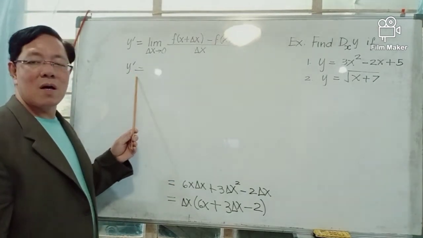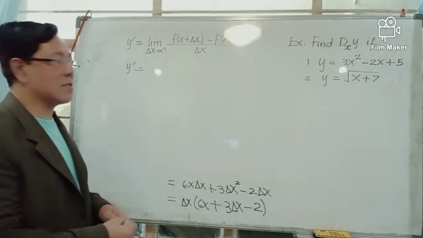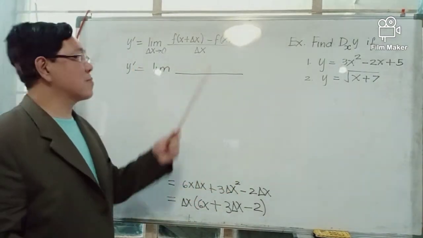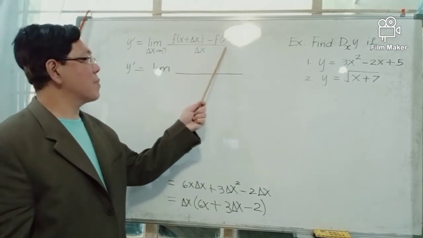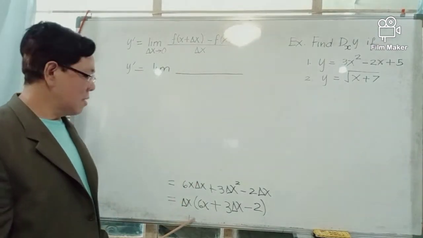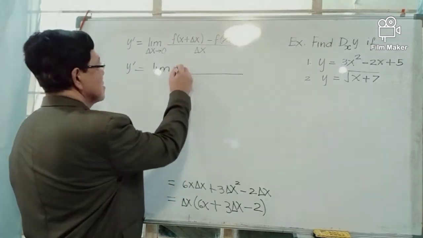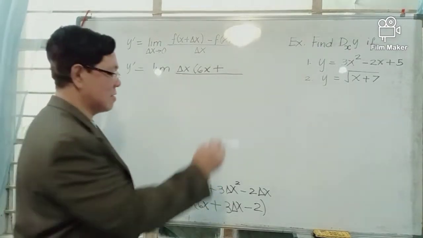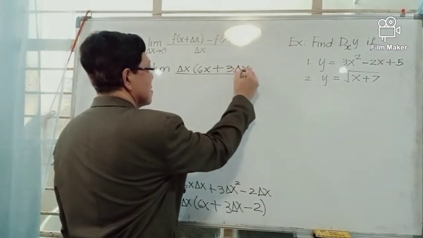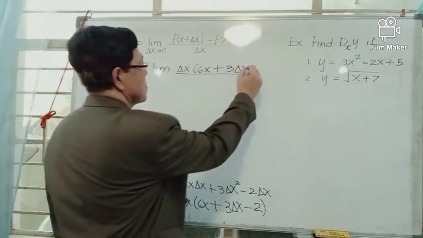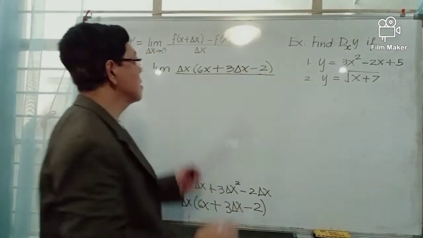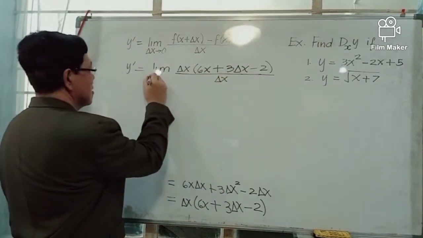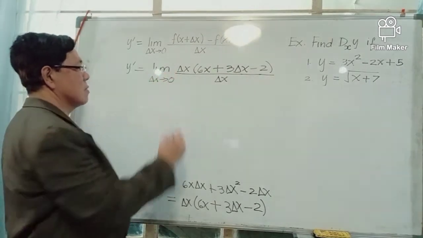So the derivative of y, denoted by y prime, equals the limit of the difference between f of x plus delta x and f of x, which is equal to delta x multiplied by 6x plus 3 delta x minus 2, all over delta x, as delta x approaches 0.